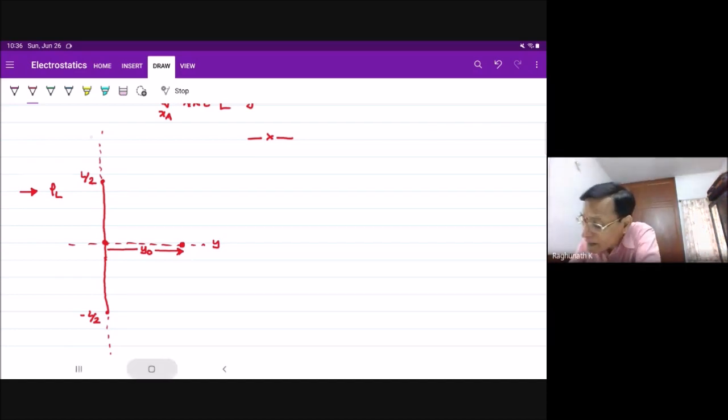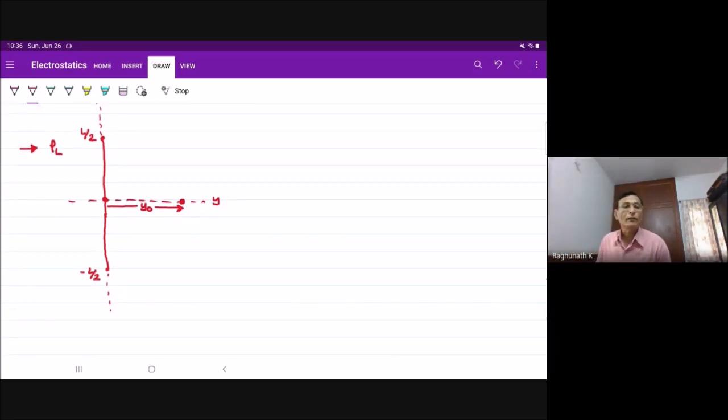Along the z-axis, you have a line charge. Please concentrate now.